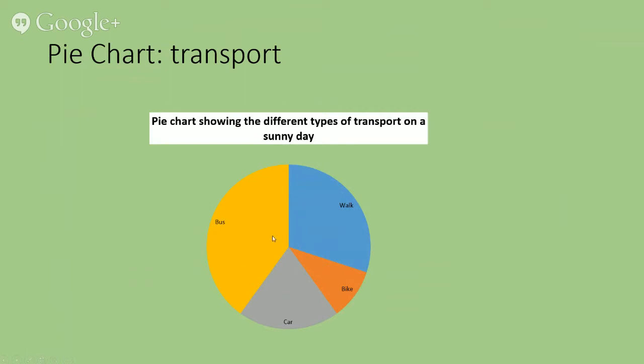That's the pie chart showing the different types of transport on a sunny day, and that could well be different to a pie chart showing the mode of transport used on a cloudy day. But then you would be able to compare the size of the slices, and report on that as well.